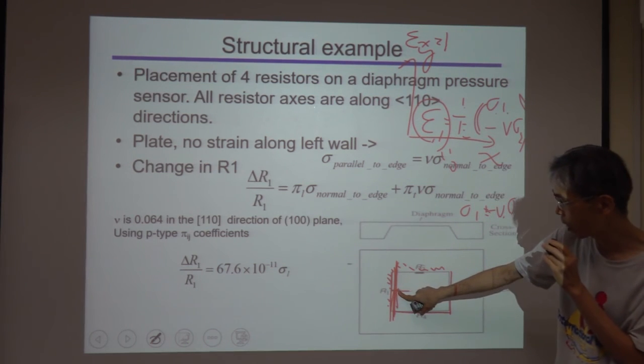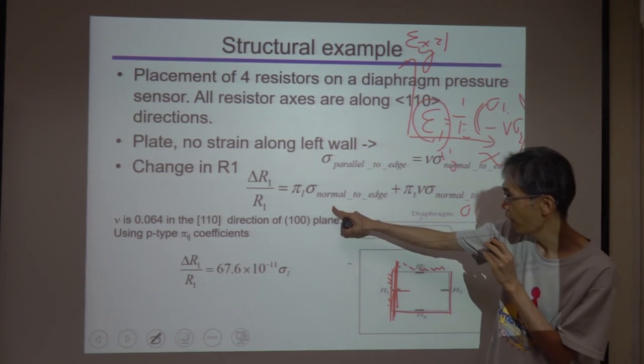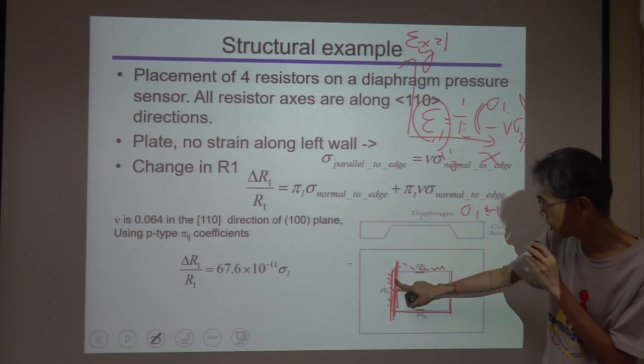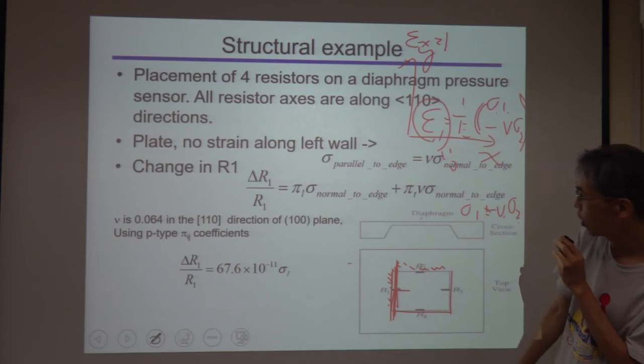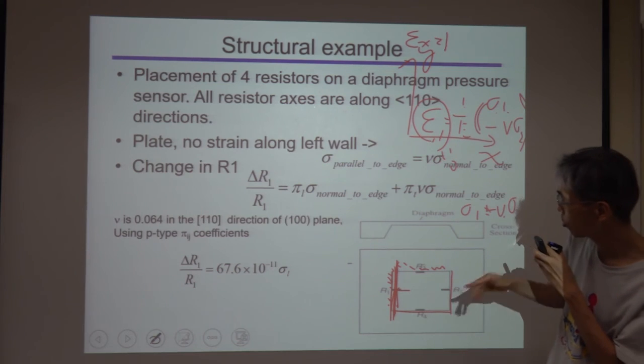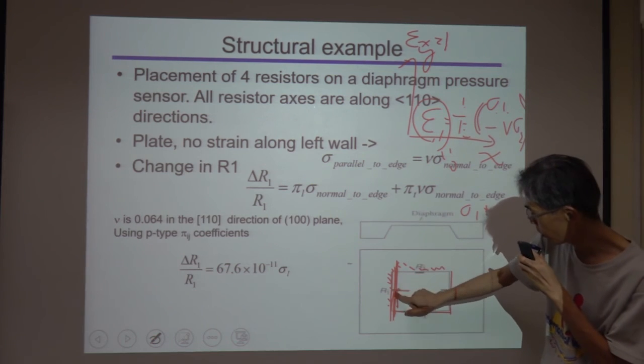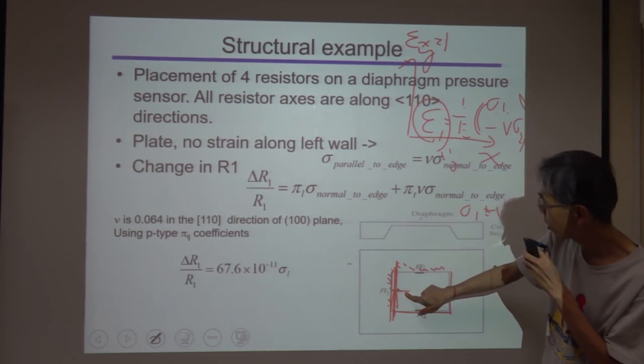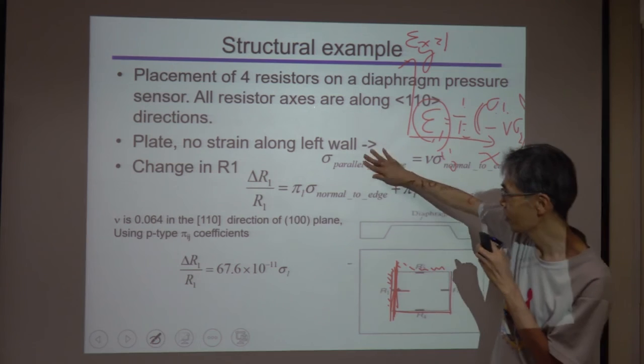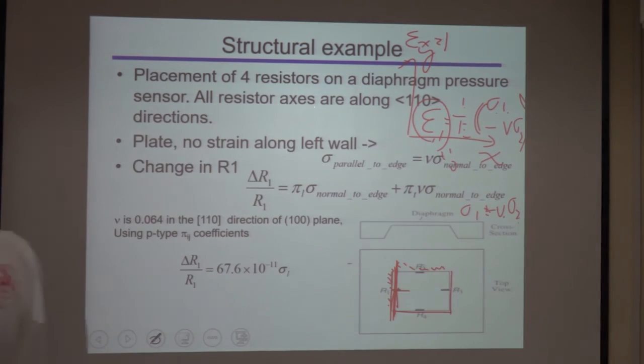So delta R1 divided by R1 equals pi L, and parallel and normal to the edge. If this is one direction, this is a little bit misleading, so let's just follow this. For one, we have sigma and we have epsilon.